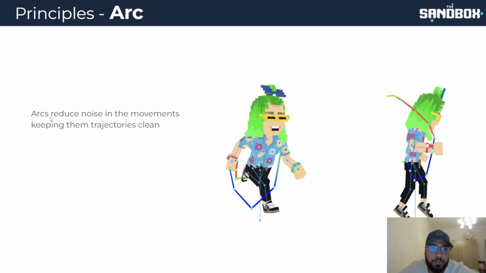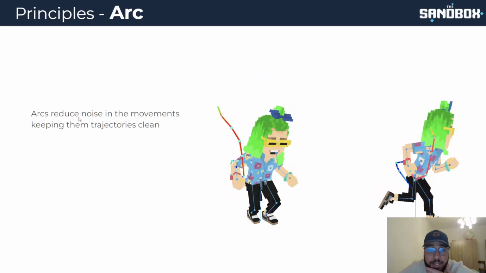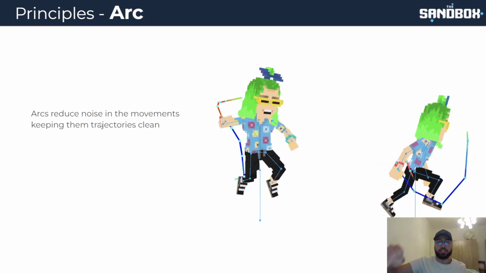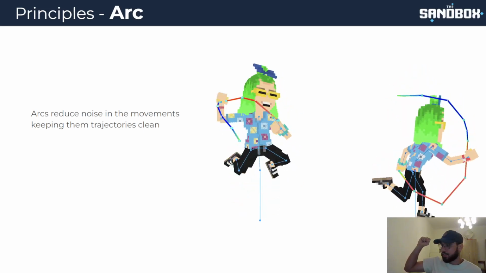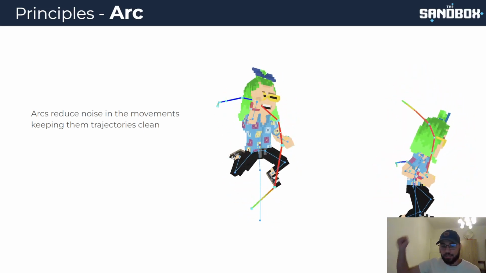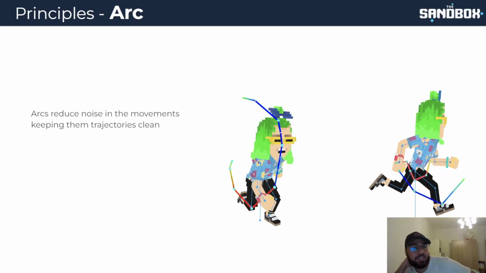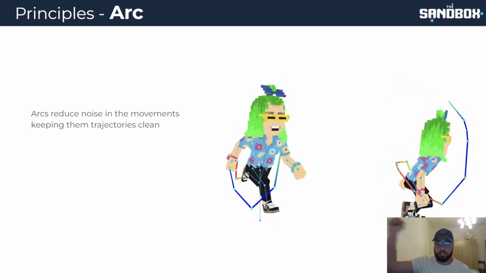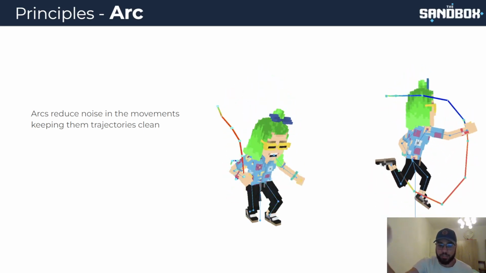Another example, and yes, arcs reduce noise in the movements. If you have the hand doing a movement like this, but then you do this again, it's not natural. This shaking effect is not natural. If you just want to bend your arm, you're not going to do this.